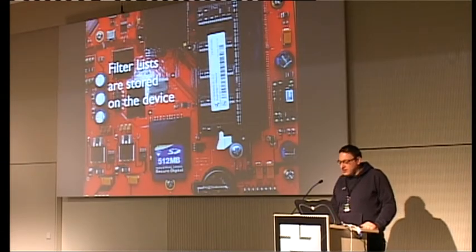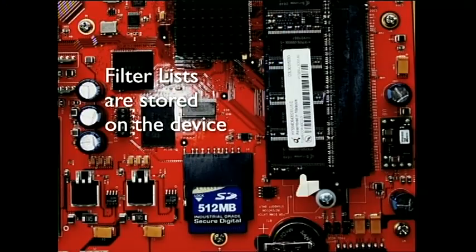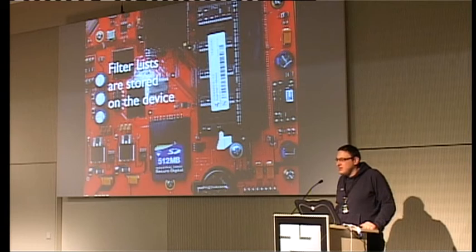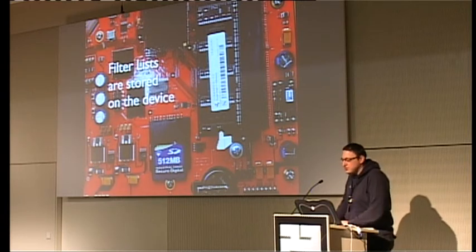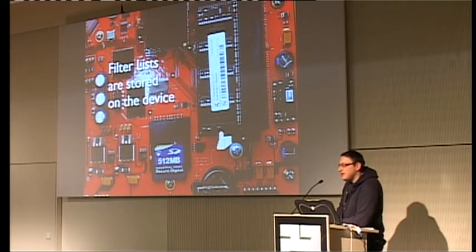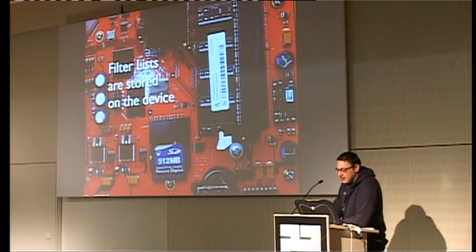And it's stored somewhere on the device. There's an SD card and they store the filter list on there. So we just have to get the SD card. I think it's quite difficult to do if this machine is set up somewhere in a data location or so.